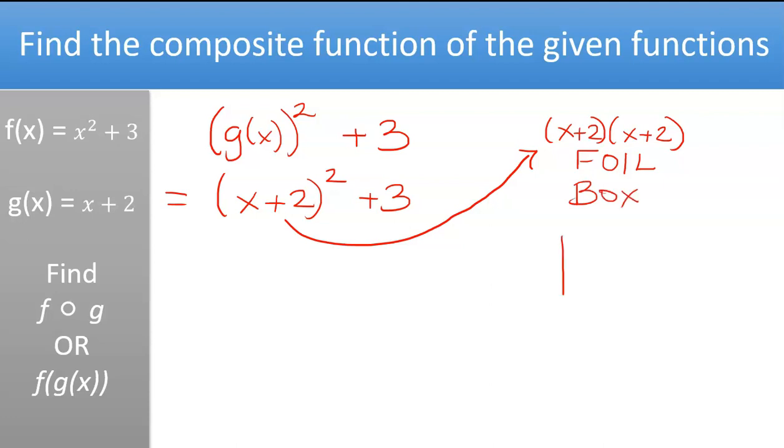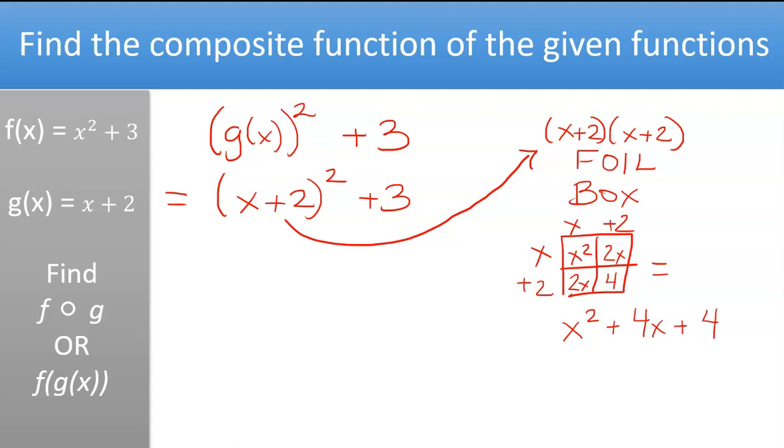If we use the box method, I have x plus 2 times x plus 2. That gives me x squared, positive 2x, positive 2x, and positive 4. So therefore, I am left with x squared plus 4x plus 4. And you will get that same answer if you do that with the FOIL method.